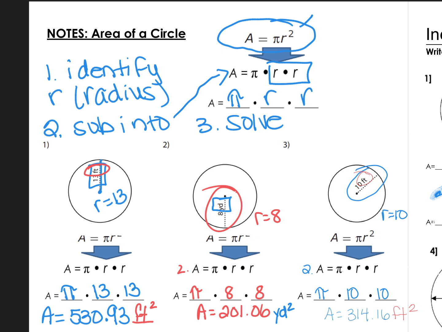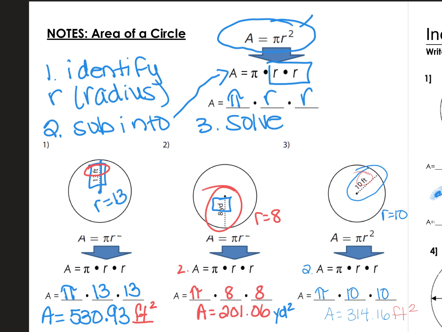So if you are ever given the diameter, you can't use it directly to find the area. You must first divide it by 2 to get the radius, because radius is just equal to 1/2 the diameter.